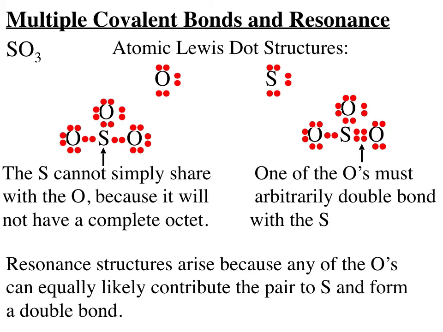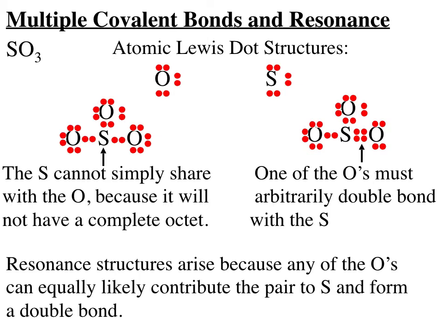Why? S isn't being satisfied in that case. S demands, because it's got 6 valence electrons, that somewhere it gets 2. It is getting them from O, but you cannot have 2 of the O's each kick 1 into S. That doesn't work. Why not?